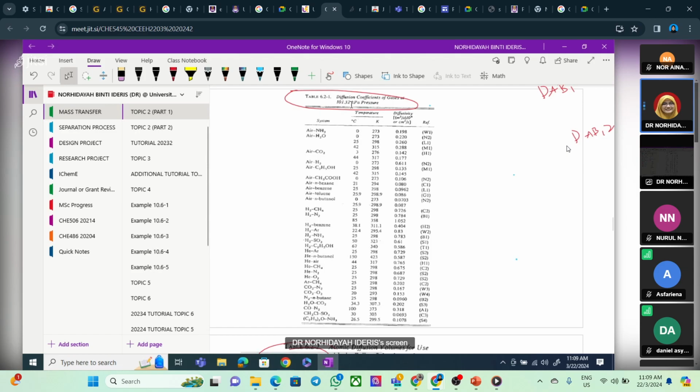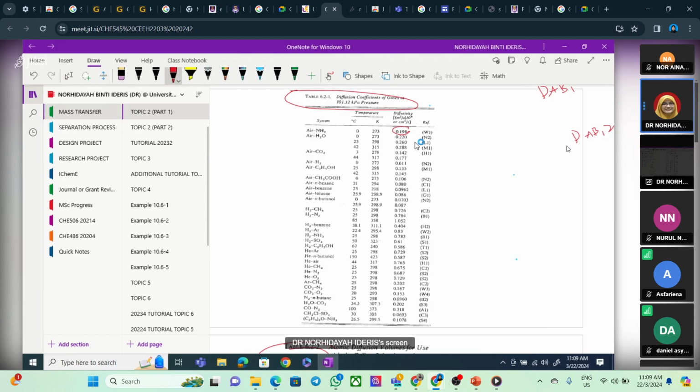Let's say you have the air and ammonia system at 273 Kelvin, however the pressure is at 2 atm, or twice that here. You cannot directly take this value. You need to apply a correction factor, which we are going to learn after this.